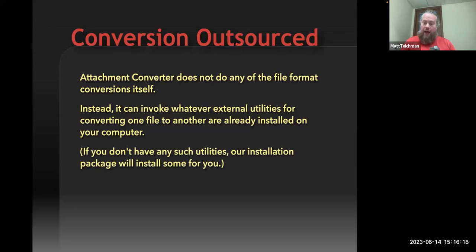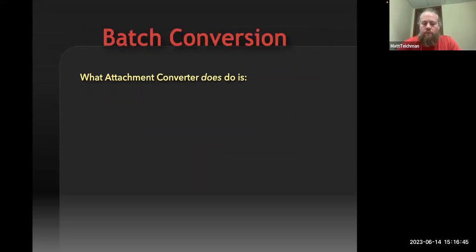So you might be wondering, what if I don't have any software that does these conversions installed on my computer? For that scenario, our installation package, which we're working on, it hasn't been released yet, will just install a bunch of standard software packages that you can use to convert individual files, so that attachment converter comes ready to go, being able to convert at least some standard list of formats. So attachment converter doesn't convert anything itself.